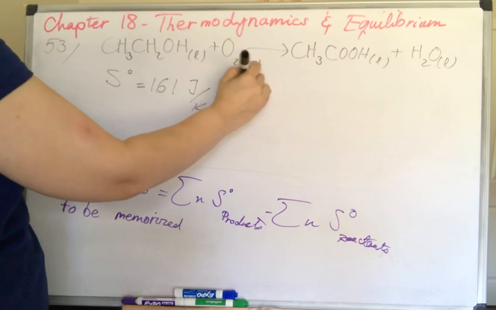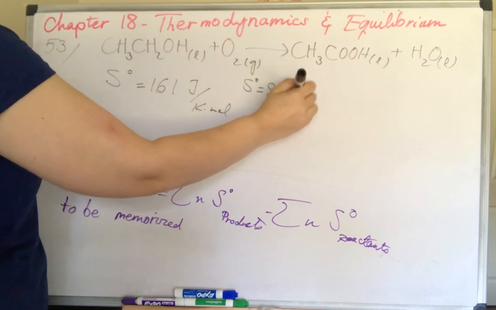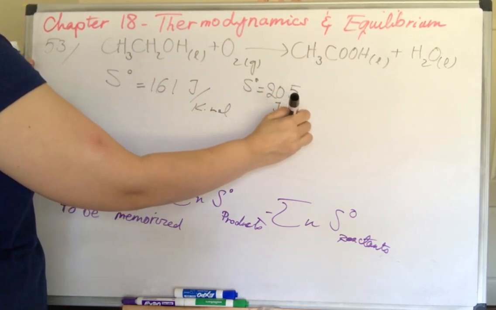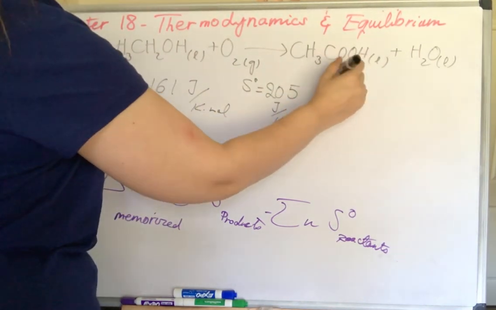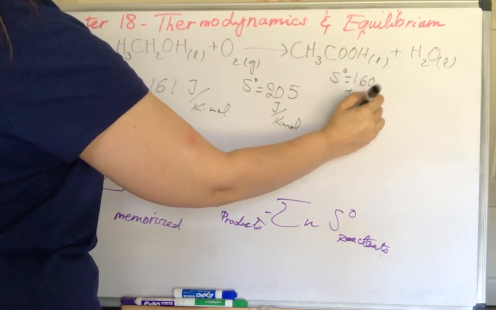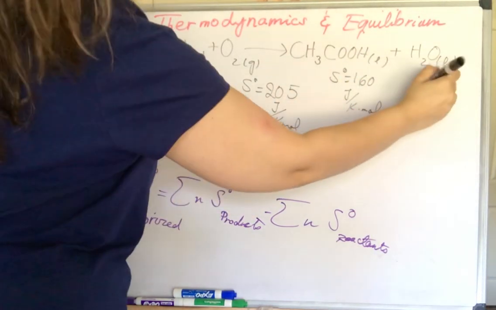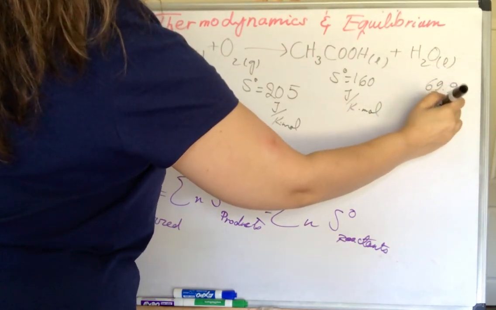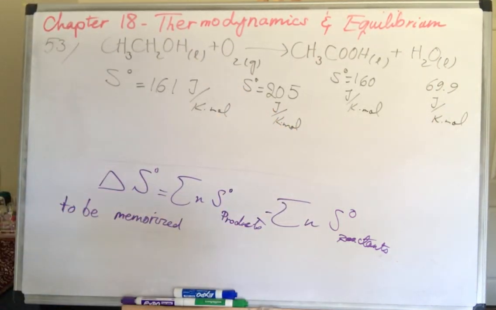For oxygen it is 205 joules per Kelvin mole. For acetic acid it is 160. And for water it is 69.9 joules per Kelvin mole. What did we say? Delta S is the sum of the entropy of products minus the reactants.